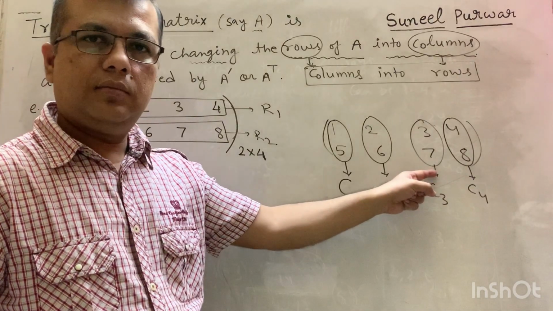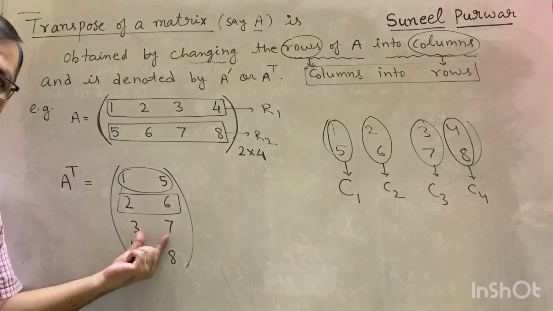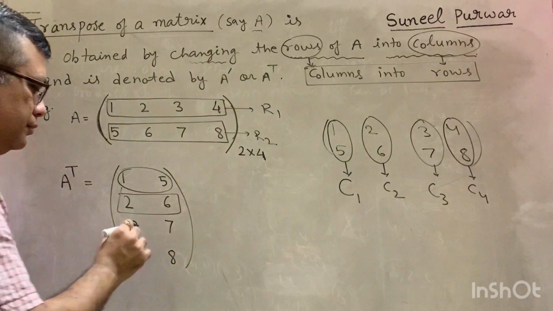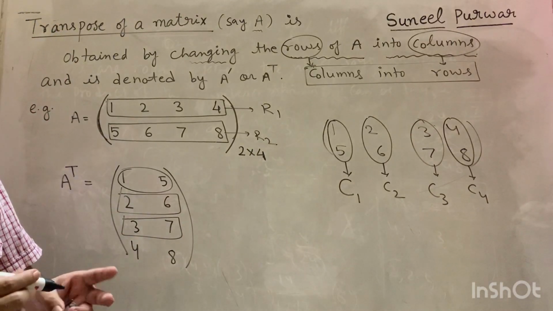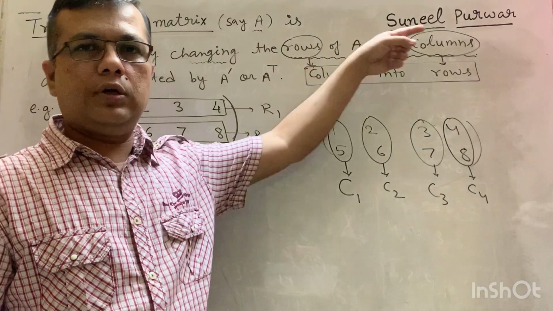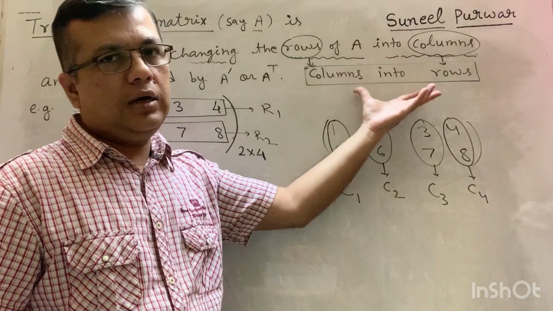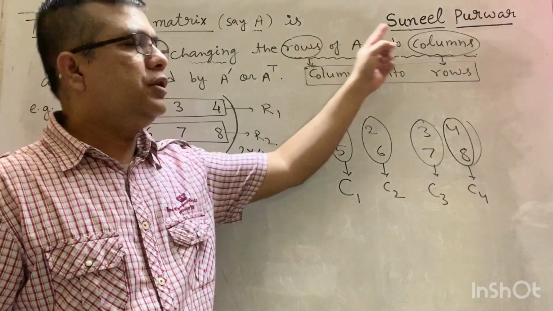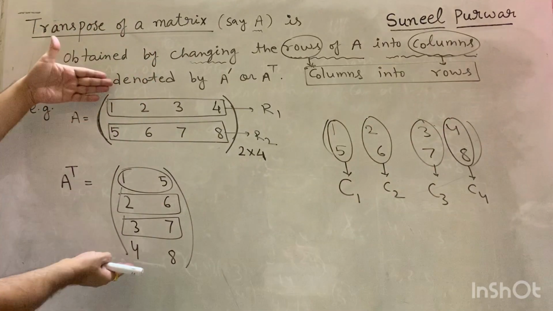The elements 3 7 of the third column are now constituting the third row, and similarly the fourth row. Understood? So you can say, to get the transpose, either you convert rows into columns or columns into rows. One means the other. On converting rows into columns, columns automatically get converted into rows, as I have shown you in this example.